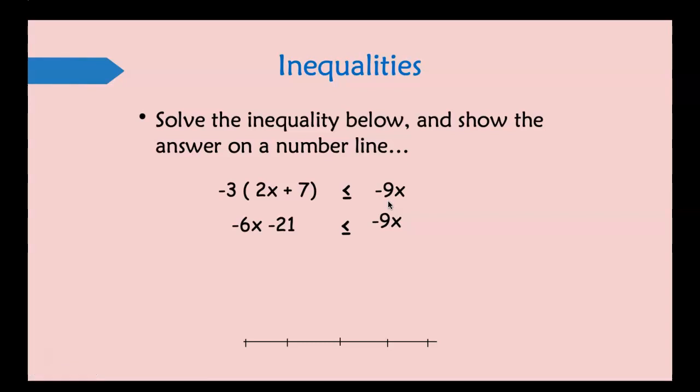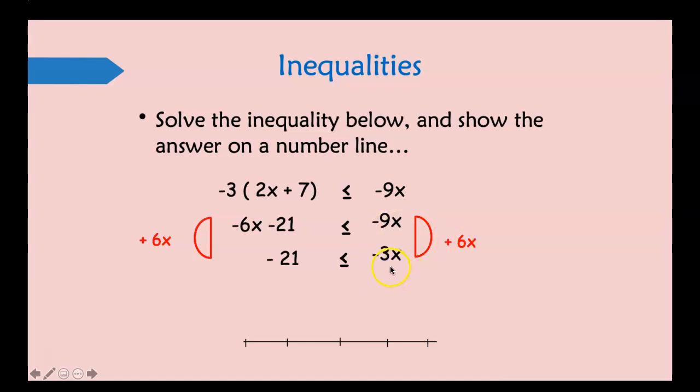Okay, now going back to the same thing, I'm going to use the smaller value of the term with a variable, negative 6x, and use the opposite. So add 6x on both sides. On the left we will have a 0, so I'll just copy minus 21, copy the same symbol, and negative 9x plus 6x will give you negative 3x.